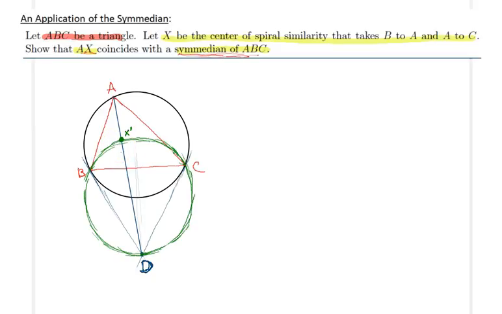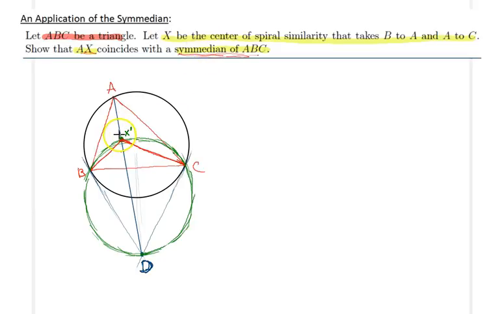Let's see if I can prove that angle X prime BA is equal to angle X prime AC, and in a similar way X prime AB equals X prime CA. Then I would be done.